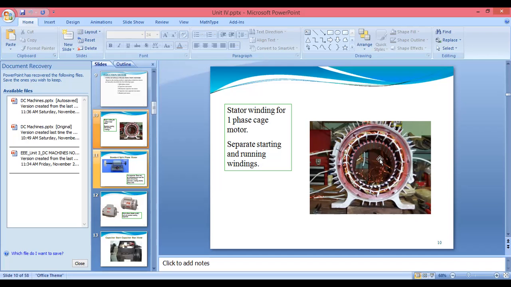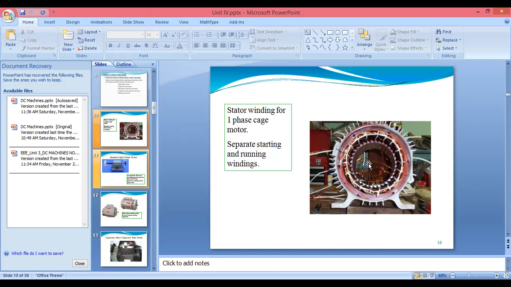The rotor is the rotating part of the induction motor, which is placed concentrically at the center of the stator winding. The rotor we make using steel laminations, which have slots with the rotor conductors.